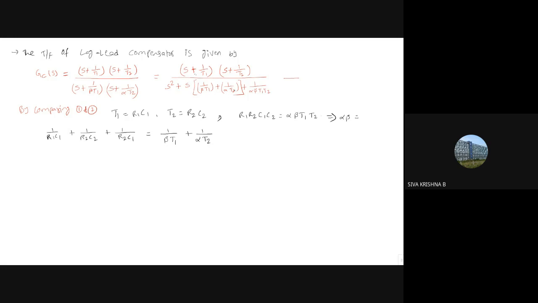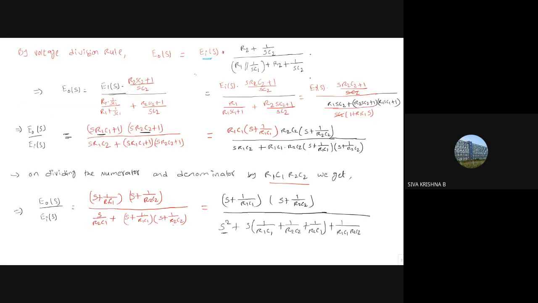How is this possible or not? So let's write that one. It is equation number 1. Assume this is equation number 2 and the previous one is equation number 1.